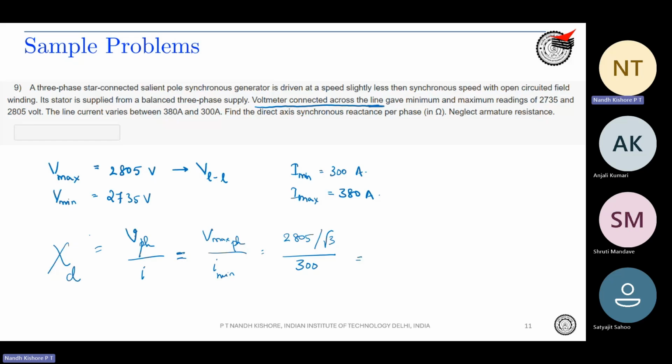Let me calculate. I think it would be somewhere around 5.4.